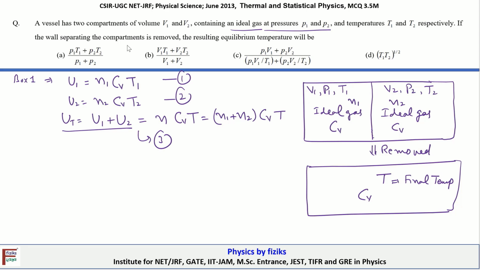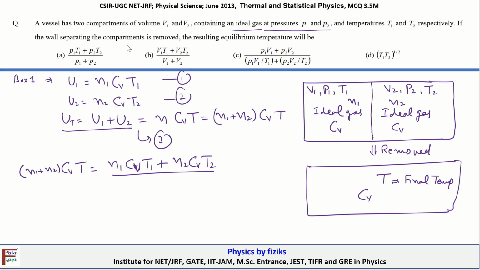This is equation 3. So from 1, 2 and 3, U, that is equal to (N1 plus N2) Cv T, is equal to N1 Cv T1 plus N2 Cv T2.